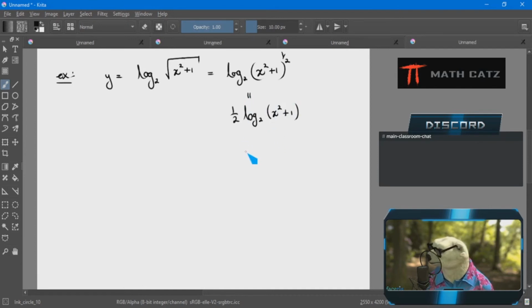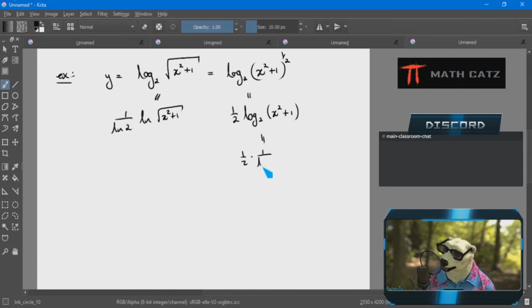You didn't have to do this. You could have done it with the original one. Regardless, you need to change the base. So you either change the base here, to 1 over natural log 2 natural log root x squared plus 1. Or you change it here. The 1/2 is in front. Whoopsie.